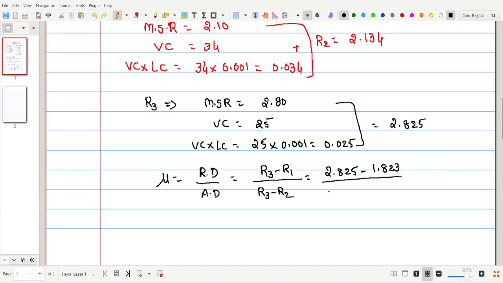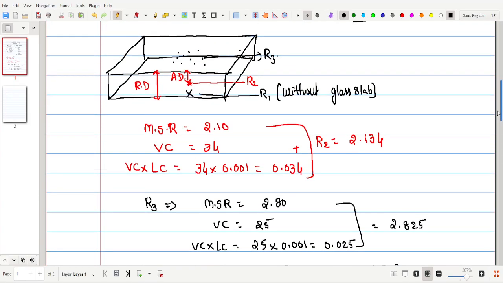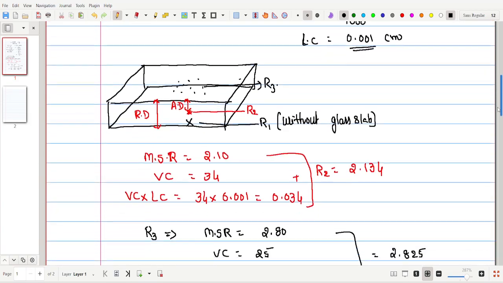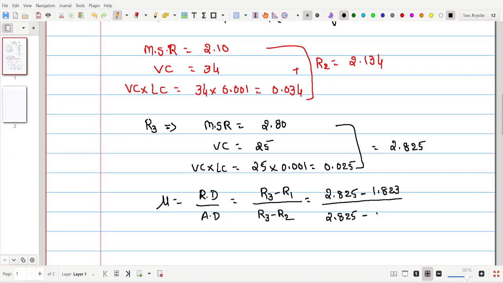So it is 2.825 minus 1.823 divided by 2.825 minus R2, where R2 is 2.134.